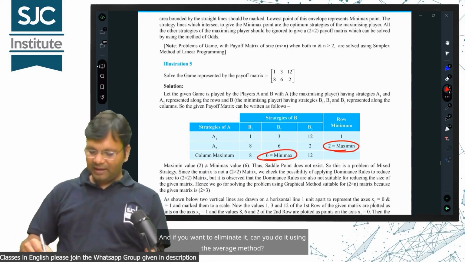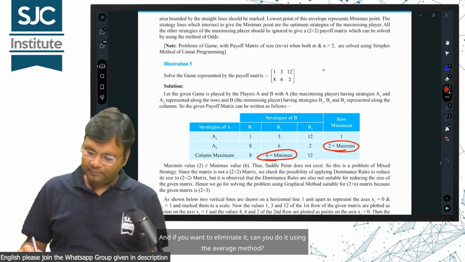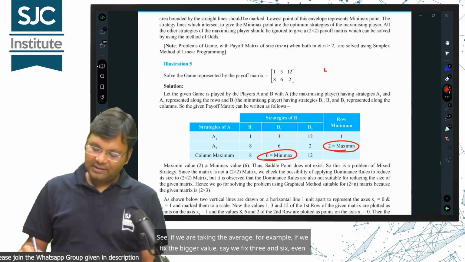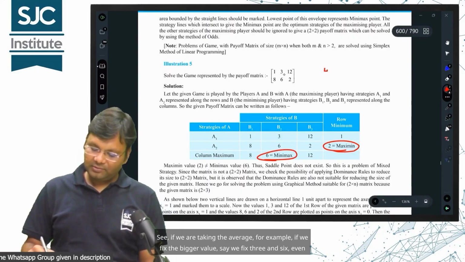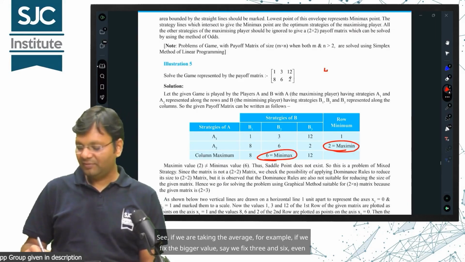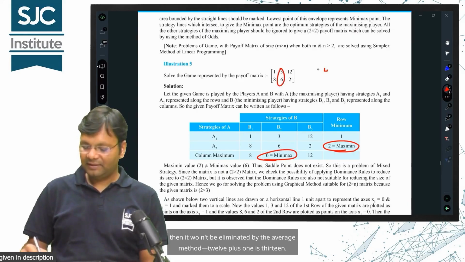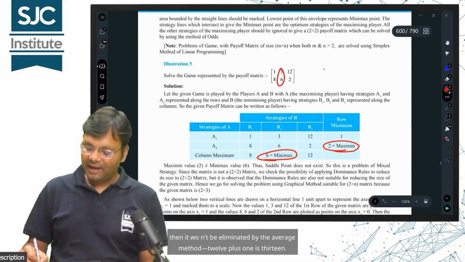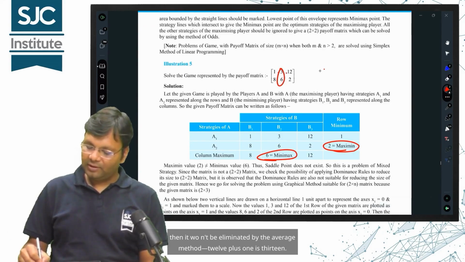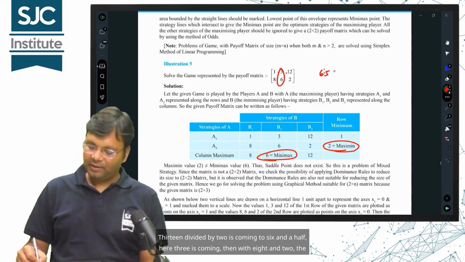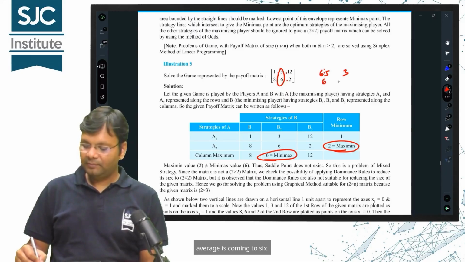And if you want to eliminate it, can you do it using the average method? See, if we are taking the average, for example, if we fix the bigger value, say we fix 3 and 6, even then it won't be eliminated by the average method. 12 plus 1 is 13. 13 divided by 2 is coming to 6.5. Here 3 is coming. Then with 8 and 2, the average is coming to 6.